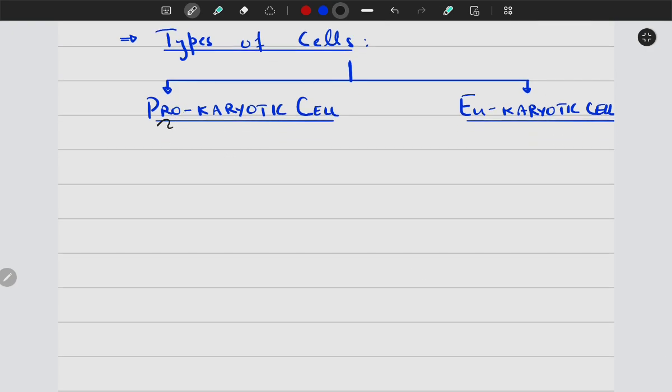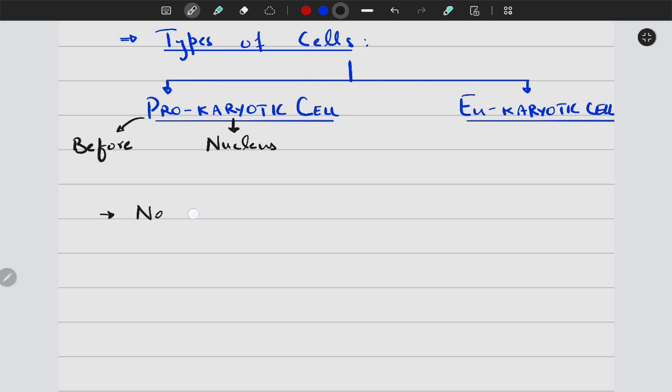Okay. So pro means before. Usually when we say pro these days, we mean that we are talking about professional. That guy is a pro something, so that guy is a professional in his field. But in biology, we say pro means before. And the word karyotic or karyon means nucleus. So these are simple cells, or simpler cells, which evolved before there was a nucleus in the cells.